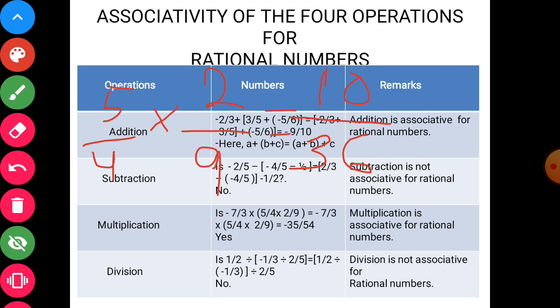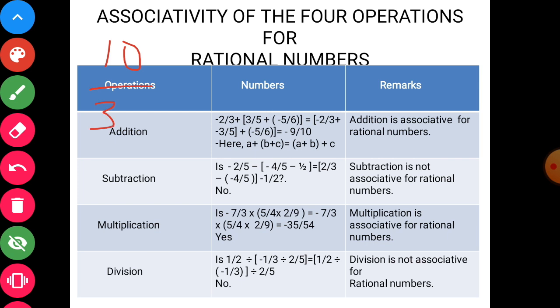Then something here is not typed correctly, and into once again 5 by 4 into, okay, here this minus 7 by 3 should come to the next line. Here it should come. Now let us check. Now how much did you get here? 10 divided by 36 we got now in LHS.